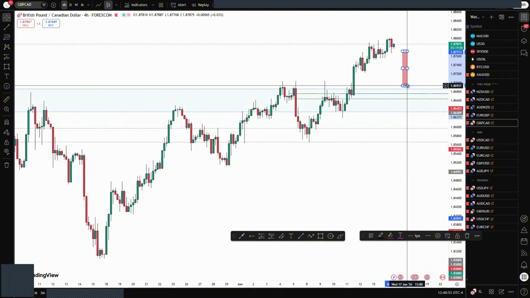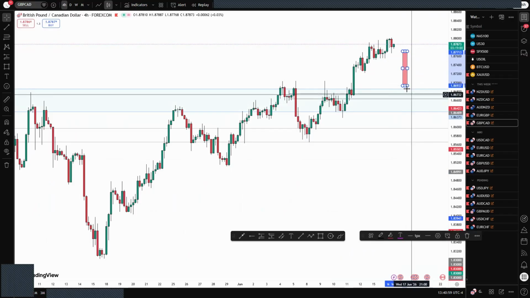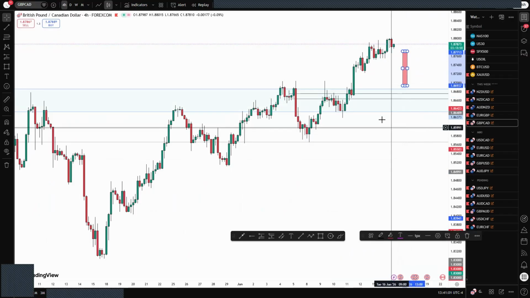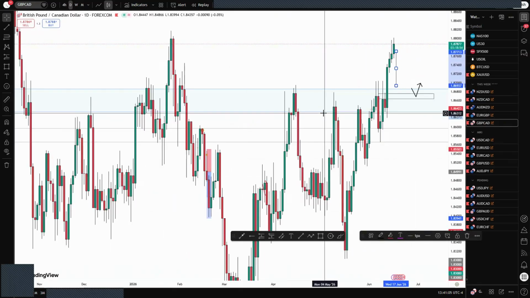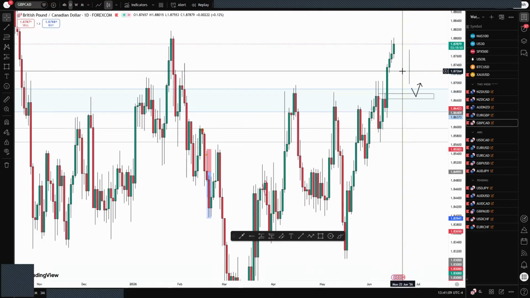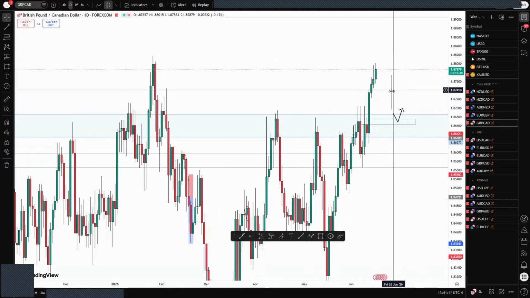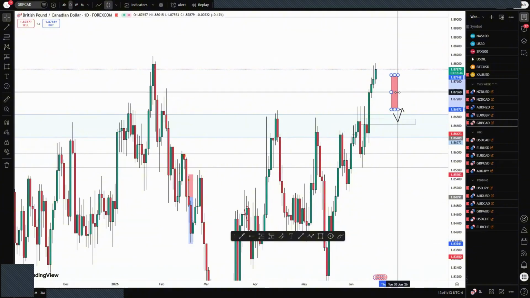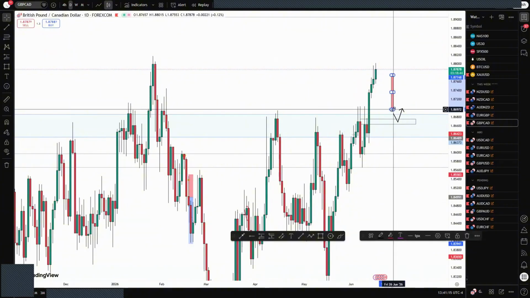So I think we'll just still be waiting for price to retest here. The daily time frame is almost the same thing, you see? They're very bullish. We need price to come back at this level.